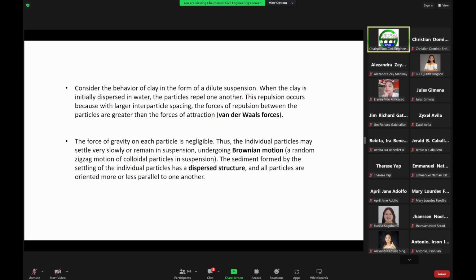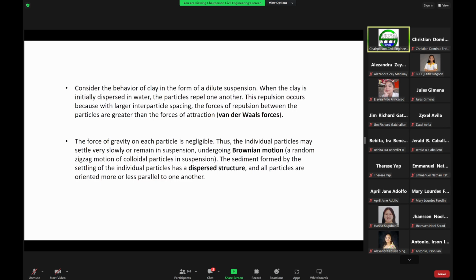Now, the force of gravity on each particle is considered to be negligible. Thus, the individual particles may settle very slowly or remain in suspension, undergoing what we call Brownian motion, which is a random zigzag motion of colloidal particles in a suspension.